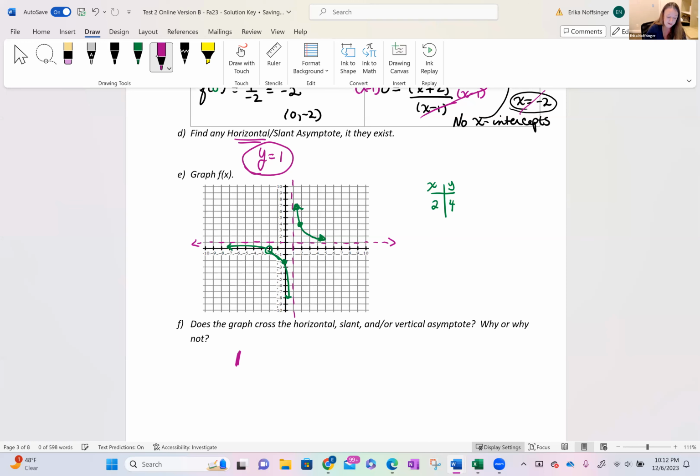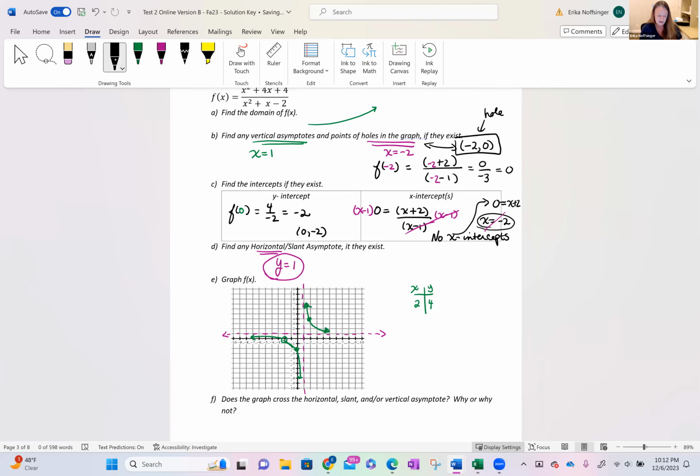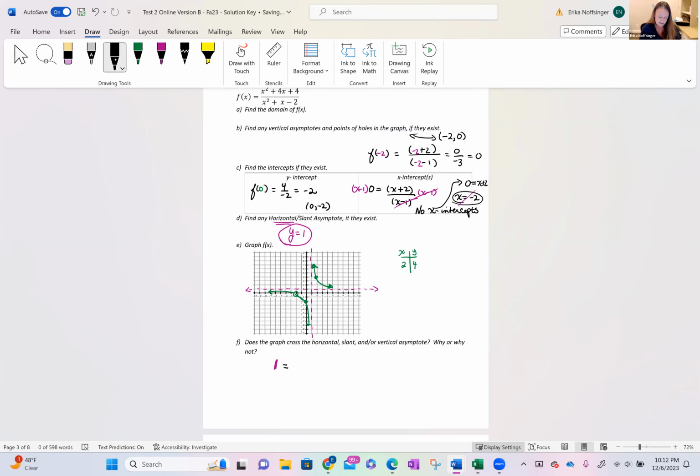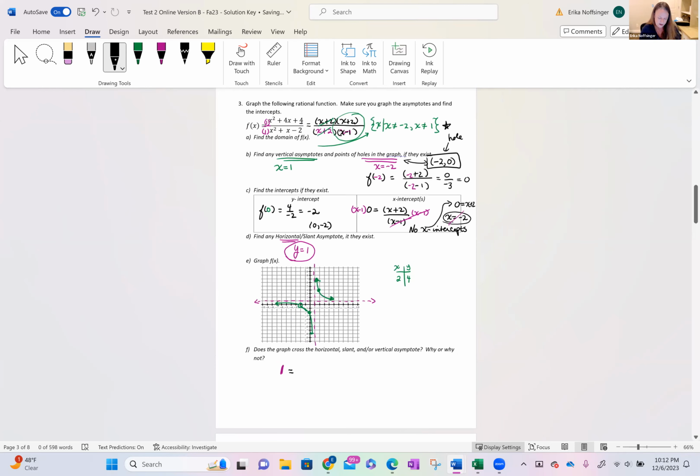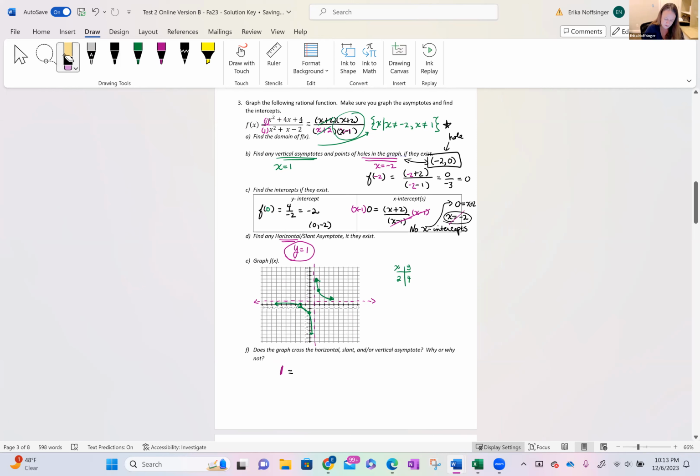So let our f of x value equal 1 equal our equation. And technically, I can use my simplified form of my equation. So I have 1 is equal to x plus 2 all over x minus 1.